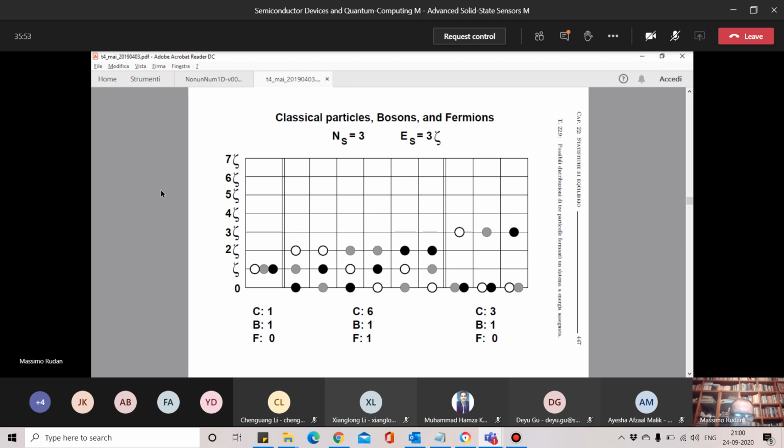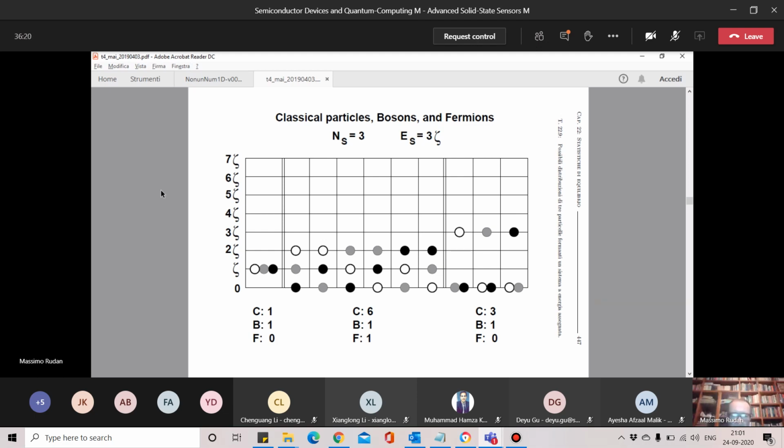It follows that the left column is forbidden for fermions because you cannot place more than one particle in the same state. But also the last 3 columns are forbidden for fermions because they have 2 particles in the same state. Okay?